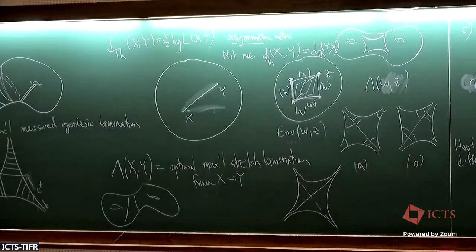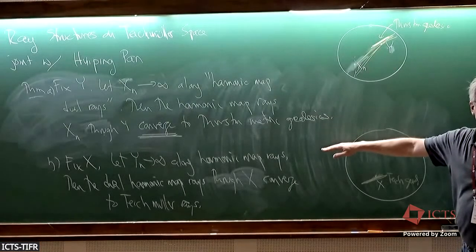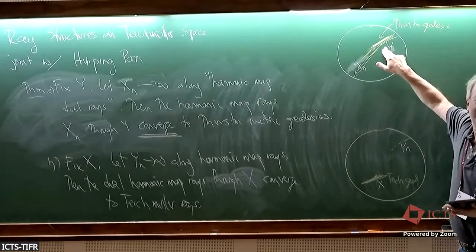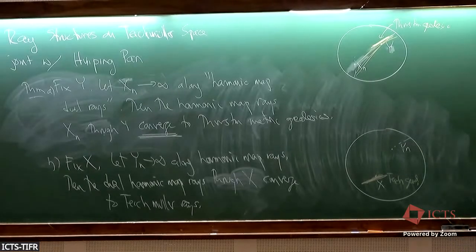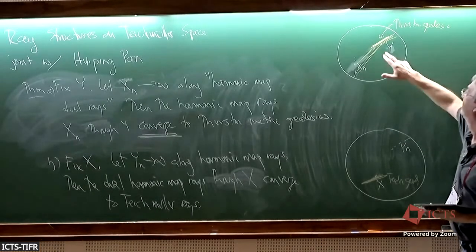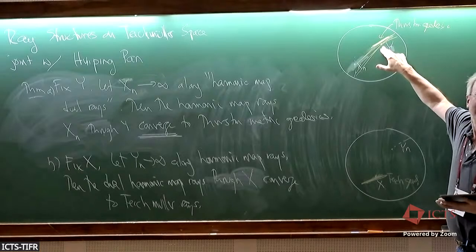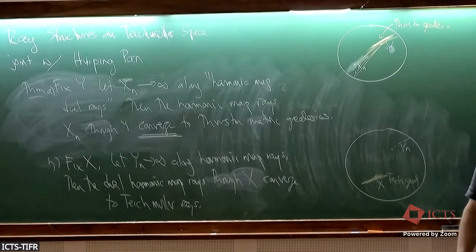What if you did everything at one place? In other words, X is Y, put the thing around, then you have a Thurston geodesic. Yeah, but then everything's going to go to infinity together. I really want to fix, so, I'm comparing the two geodesics.